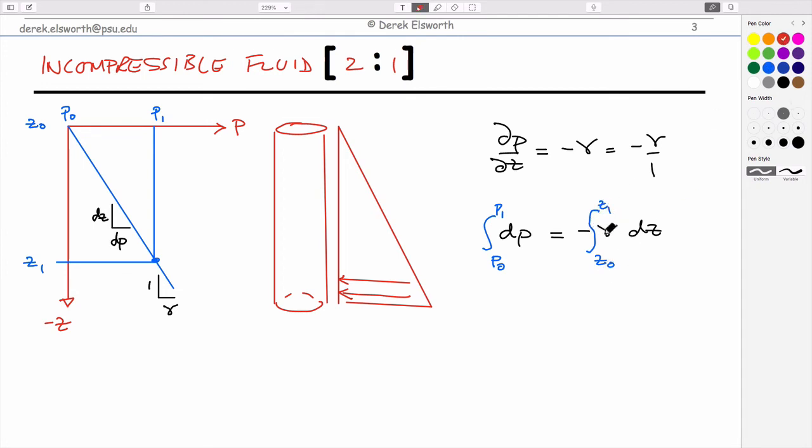If the fluid is incompressible, then we can take this outside because it's constant. If we do the integration, it is just pressure evaluated at P1 minus P0, integration limits, equals minus unit weight times Z, evaluated between Z1 and Z0. Substitute the limits: P1 minus P0 is equal to minus unit weight times (Z1 minus Z0).